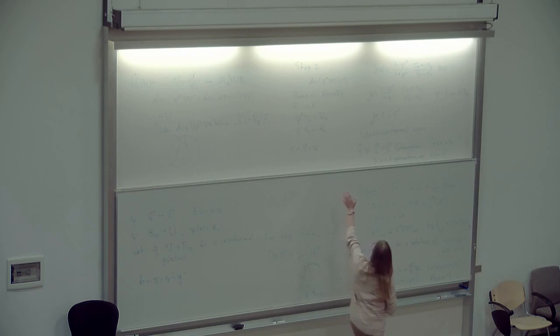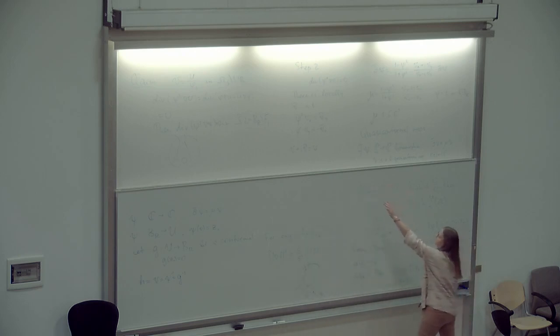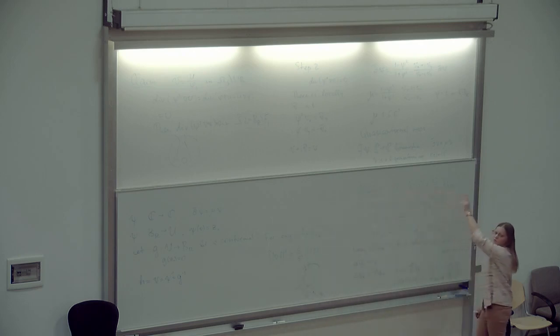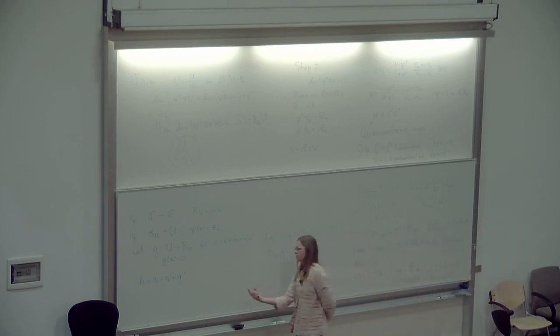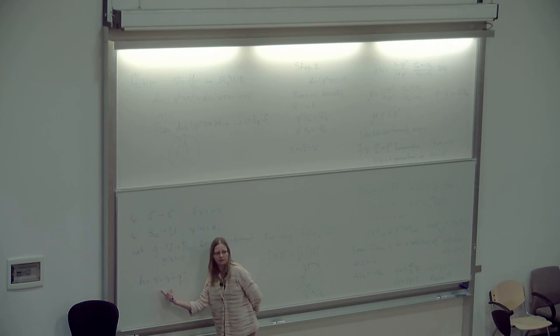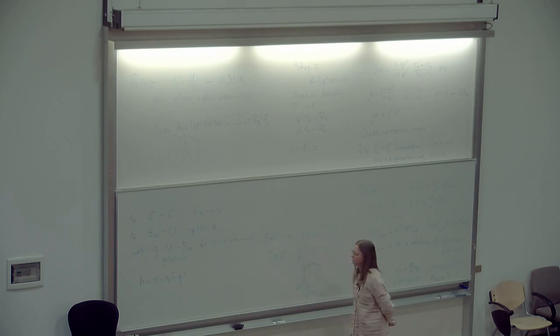So w, I don't use it, I just used it as a motivation to find my mu. I don't know what it is, it's defined locally, but I don't want to think about it. But I can look at the real part of this w applied to this composition.